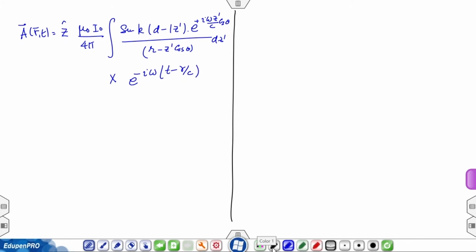Let us just focus on the integral, because rest everything is independent of z prime. So, I will leave it as is and focus on this integral.